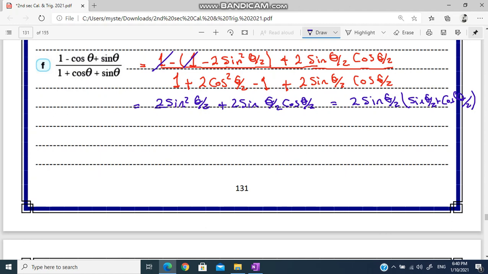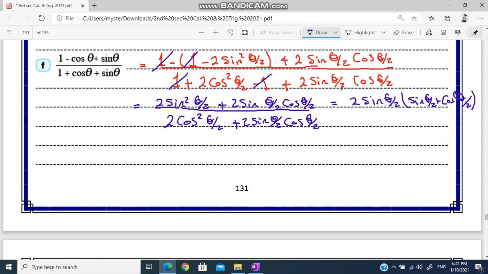And from the denominator, we can cancel negative 1 and 1 and take 2 cosine theta over 2, so the remainder will be 2 cosine theta over 2 plus 2 sine theta over 2 cosine theta over 2.